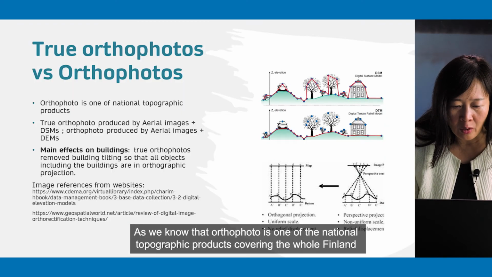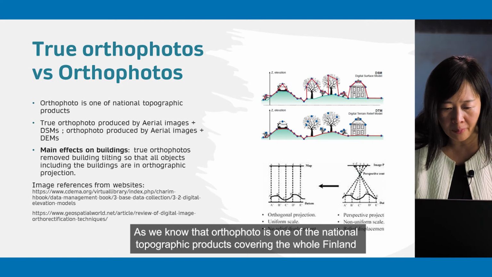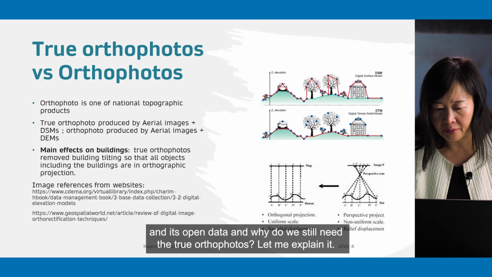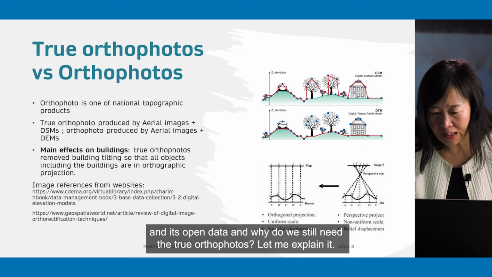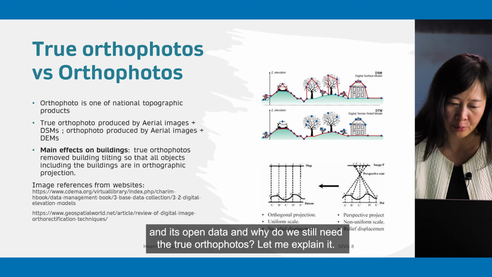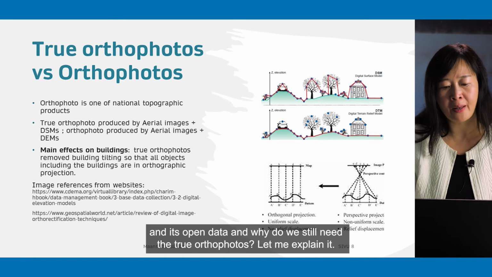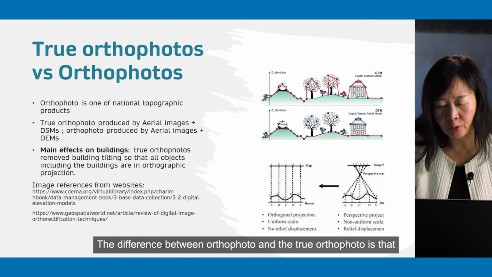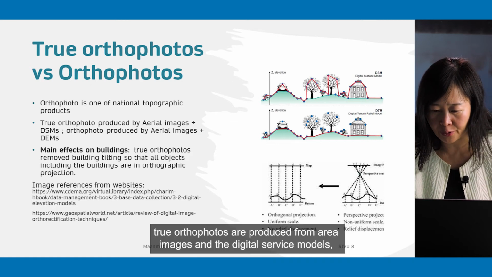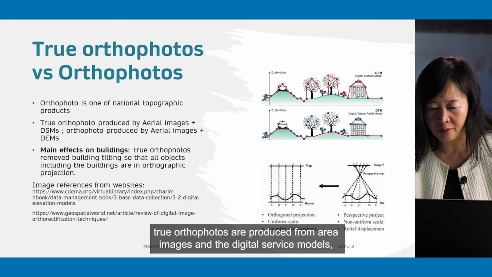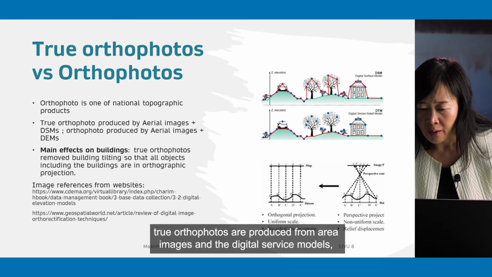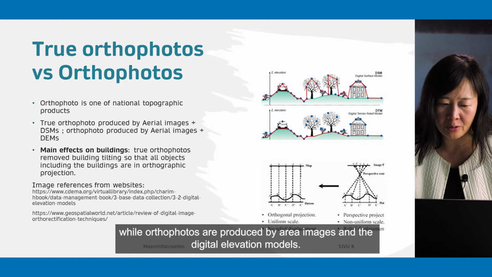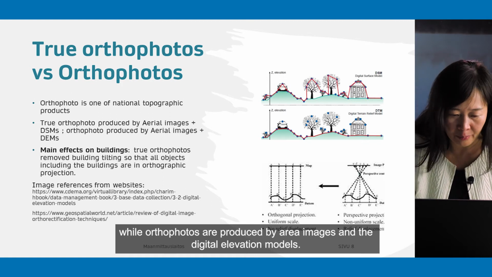As we know, orthophoto is one of the national topographic products covering the whole Finland, and it's open data. And why do we still need the true orthophotos? So let me explain it. The difference between orthophoto and the true orthophoto is that true orthophotos are produced from aerial images and the digital surface models. Orthophotos are produced by aerial images and the digital elevation models.